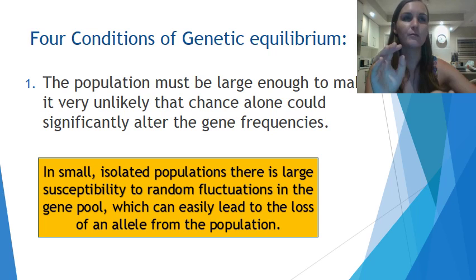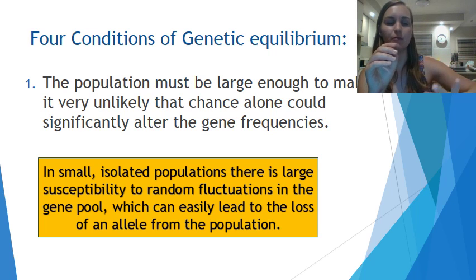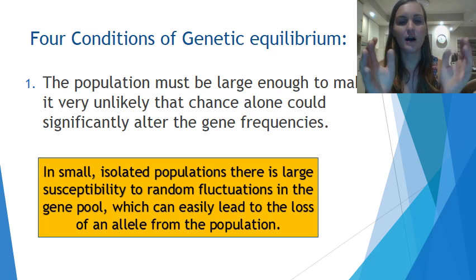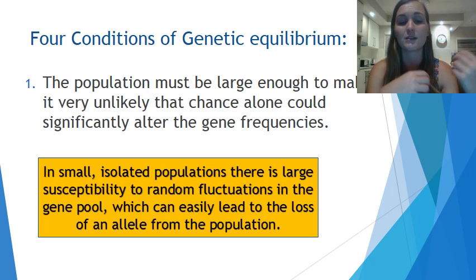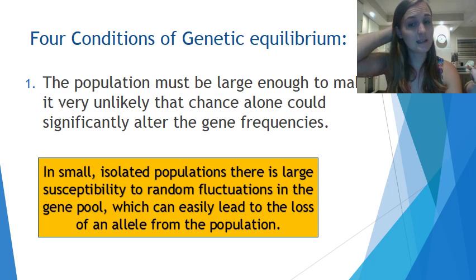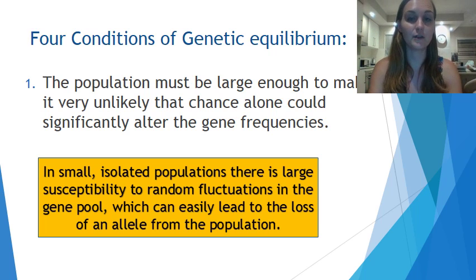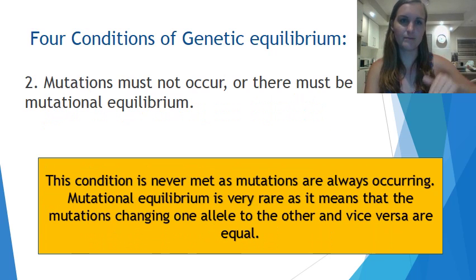For example, you may have a group of organisms be killed off or separated or something, meaning that you actually lose that entire allele. So in isolated small populations, there's large susceptibility to random fluctuations in the gene pool, which can easily lead to the loss of an allele from the population. And you obviously don't want that for equilibrium.